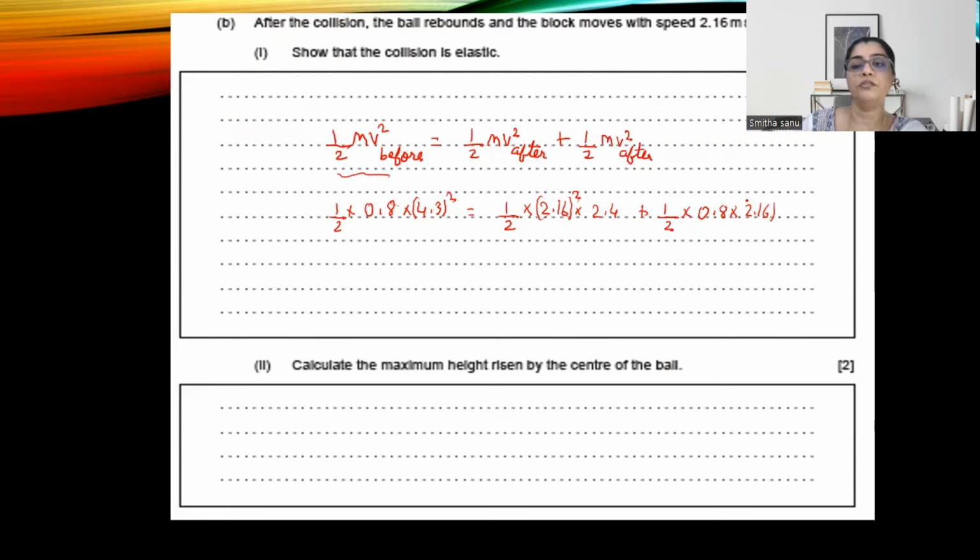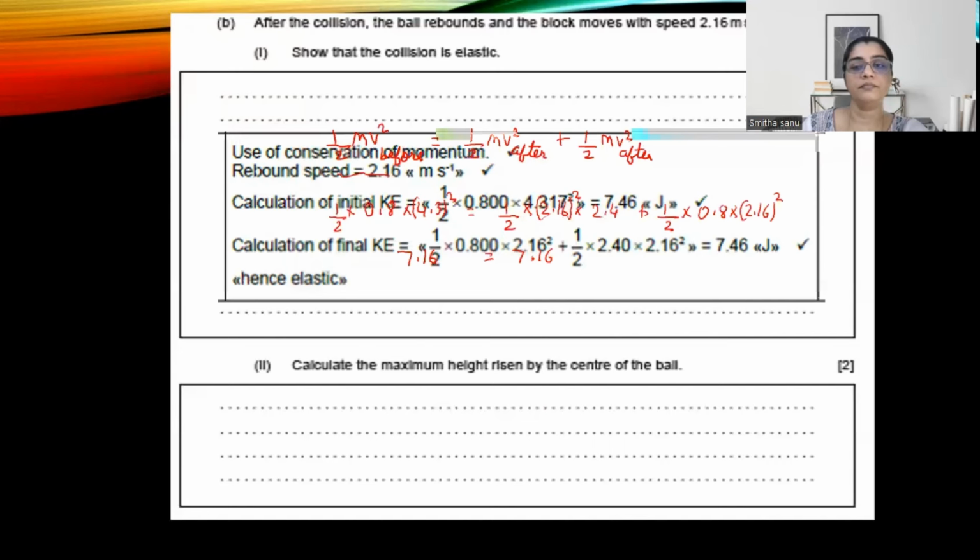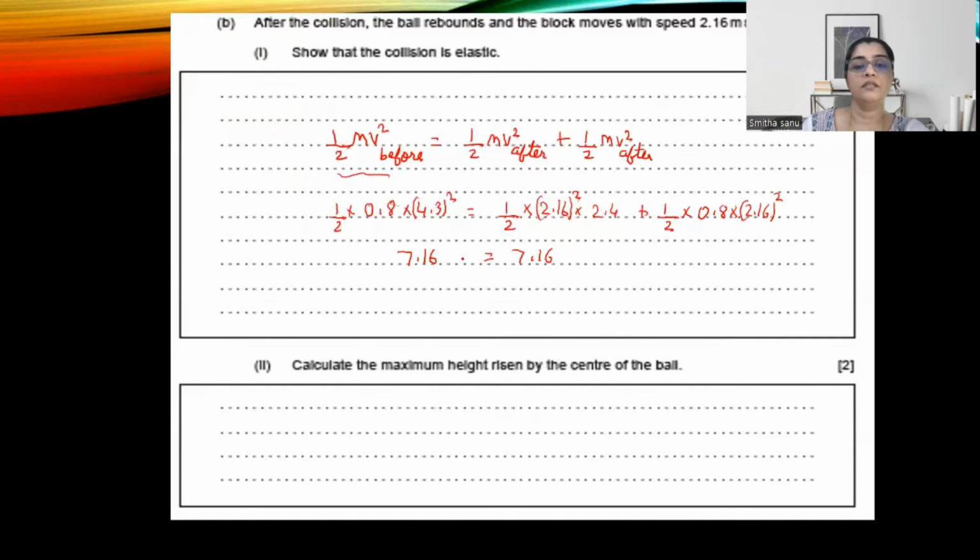So if you do it to each side, you can very well show that both of them have the same answer, which is 7.46. This shows that it is an elastic collision. We can show that this is 7.46 on both the sides, and hence it is an elastic collision.